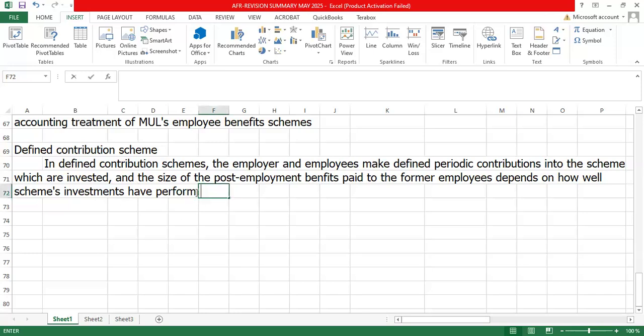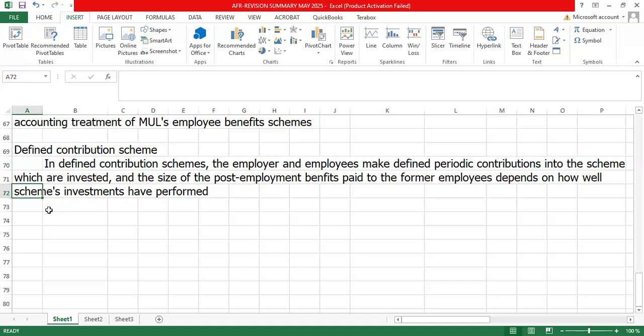Are we together here, colleagues? Have you understood this statement? Yeah, it's clear. So that is all about the defined contribution scheme. Look at it as if it is like the NSSF fund.